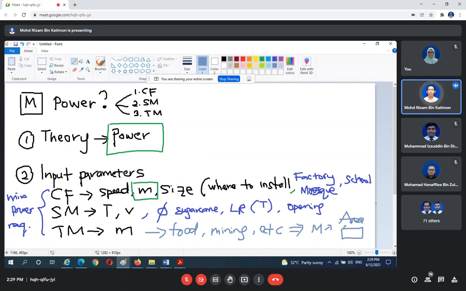Every group, ceiling fan, sugarcane machine, trommel machine, you need at least three minimum existing products to compare, get some literature review. From there you get some ideas.